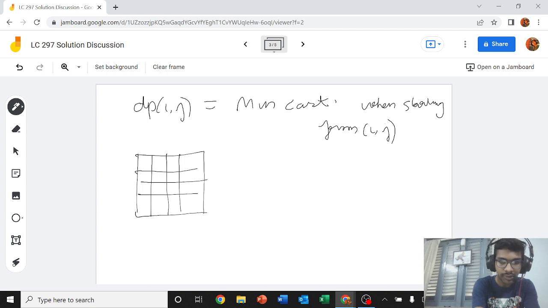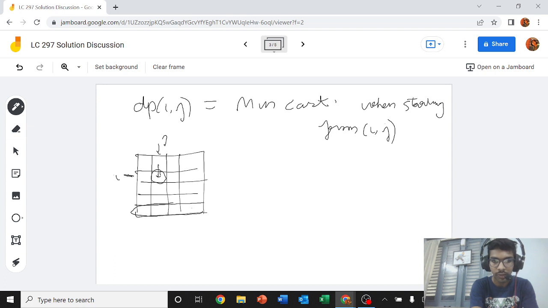Let's discuss the transition. Suppose this is my ith position, this is my jth position. Suppose I'm currently at this particular position. So what's the minimum cost to travel from here to the last row?